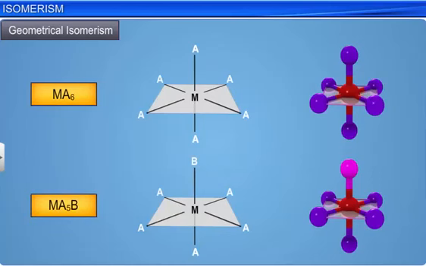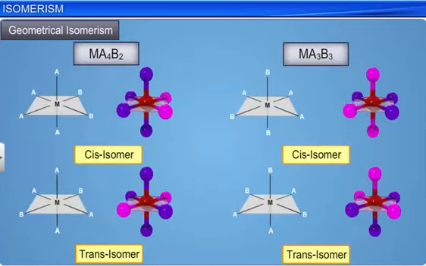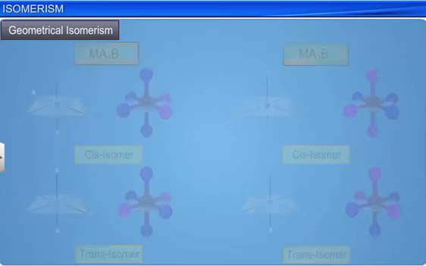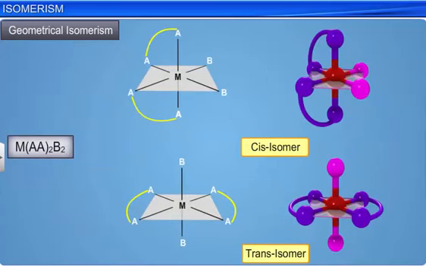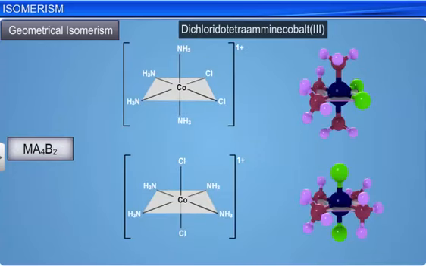Complexes of the type Ma4b2 and Ma3b3, and complexes that have unidentate and symmetrical bidentate chelating ligands of the type M(AA)2b2, exhibit geometrical isomerism. Dichloridotetraamminecobalt(III) is an important example of a complex of the Ma4b2 type. The cis and trans isomers of this complex are shown here.